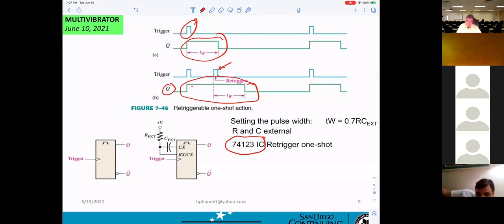So I think we can get into the pitch part for the guy to design. That means I give the TW I wanted. And now you have to try to select R and C. You get the output we wanted.